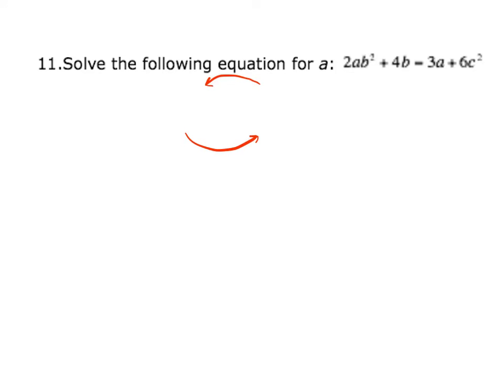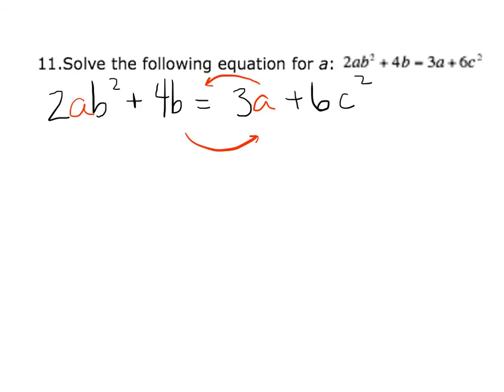So how we do that, whoopsie, I apologize for that, let me rewrite it. You can fast forward if you want. Alright, so I need to bring those over. So in order to bring this over to the other side, I need to subtract 4b.